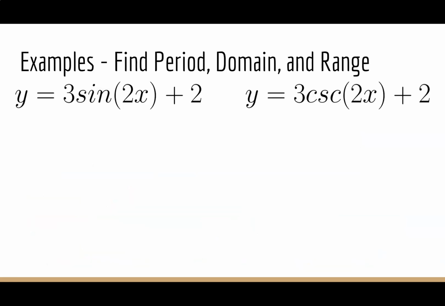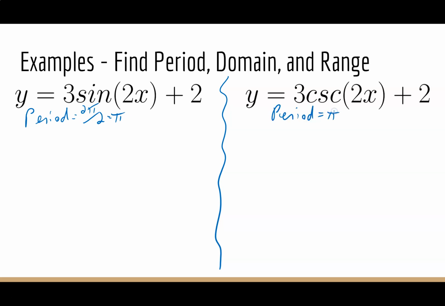All right, so let's go ahead and do it a couple more times. We're going to do the sine and cosecant of the same thing so you can see it connected. So the period of each should be the same thing: 2 pi over 2, which is pi. So the period over here is the same thing. Over here, domain is all real numbers.